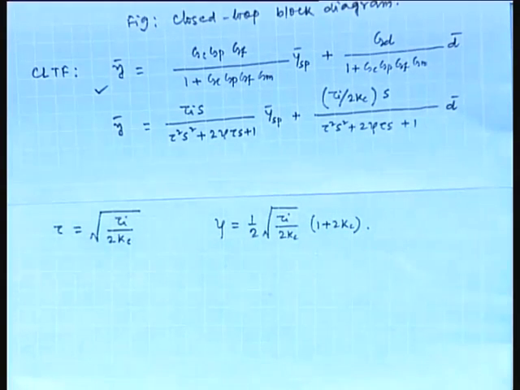You see, both tau and zeta are functions of Kc and tau y. Fine.